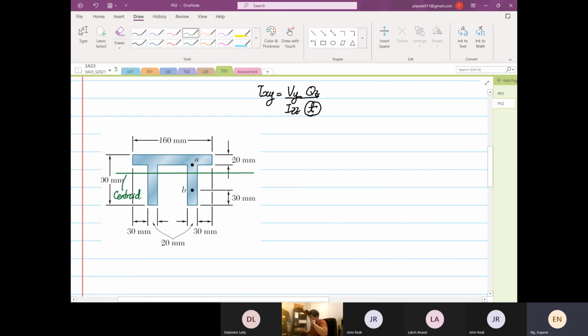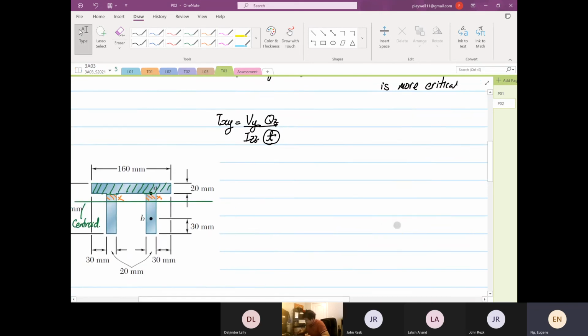This is the location of the centroid. So the area that we have to carry out is this area over here. It is this area that I've shaded, and it is not this area, not this area, but the top layer of the web.